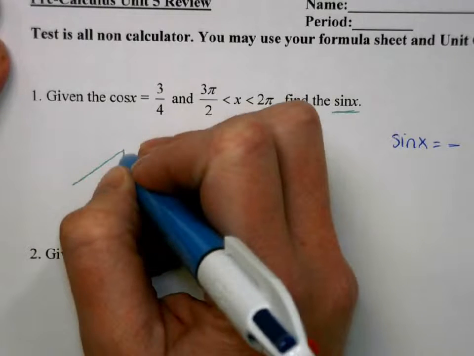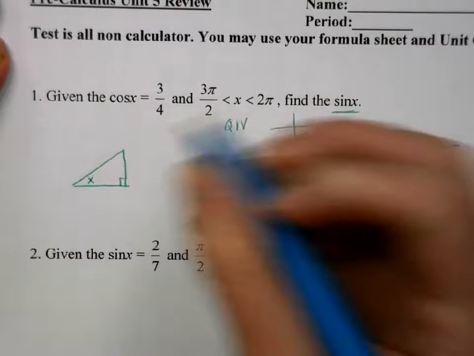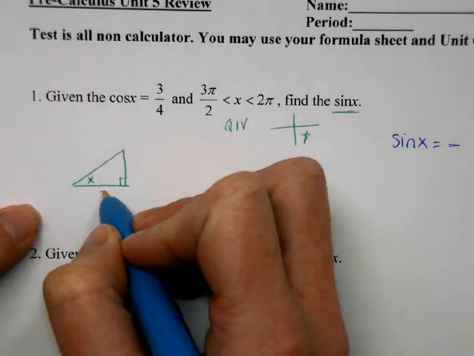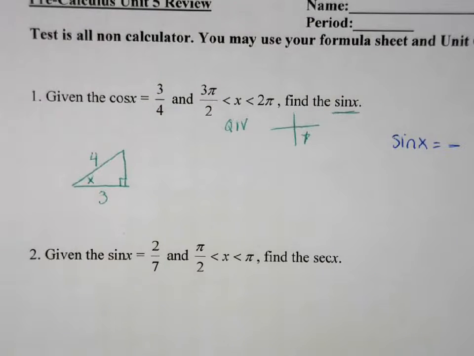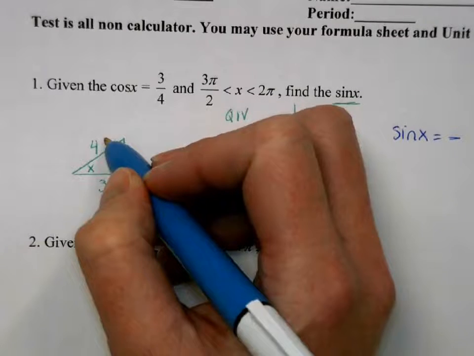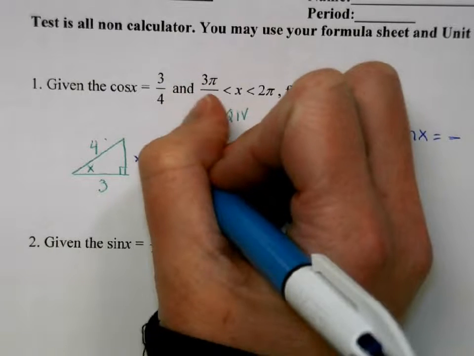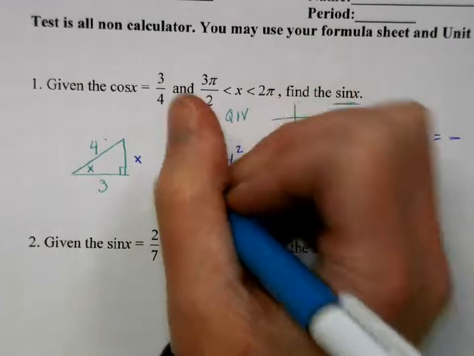The way I approach these is to make a triangle. So this is going to be x. If cosine is 3/4, the adjacent side is going to be 3. The hypotenuse is going to be 4. To find sine, we need the opposite side over the hypotenuse. So I'm going to say 3 squared plus x squared equals 4 squared.